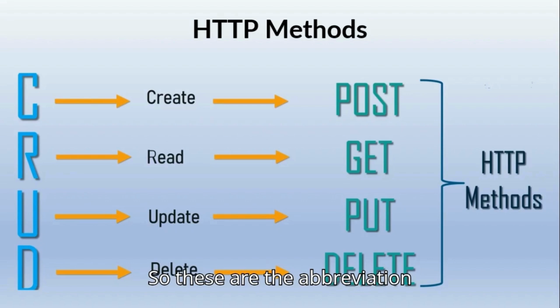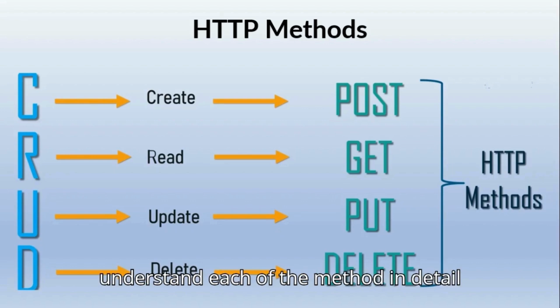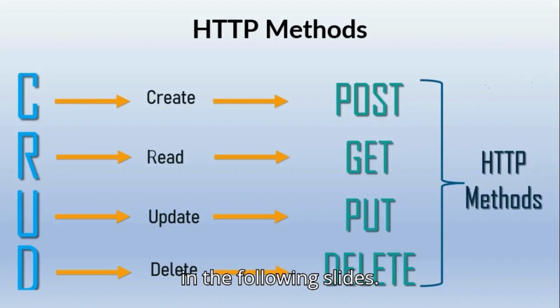In HTTP, create is used as a post request, read is the get request, update is the put request, and delete is the delete request. So these four are the HTTP methods. We will understand each of the methods in detail in the following slides.